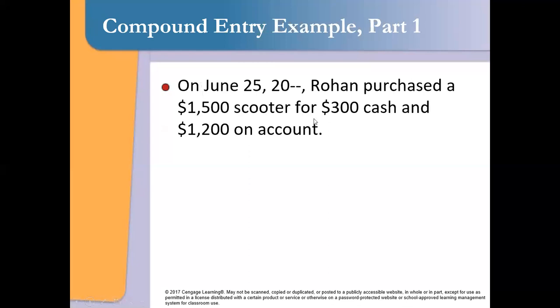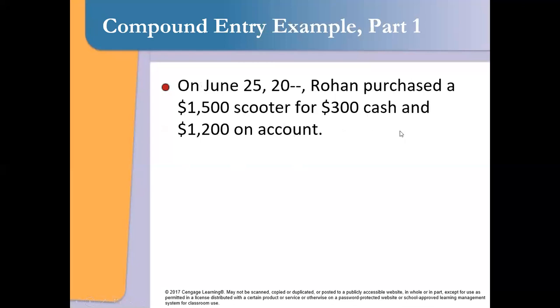You said 2 debits, 1 credit. So which would be our second debit? 1 credit is cash. The debit would be accounts payable. No, reverse. All right. So we have a $1,500 scooter.